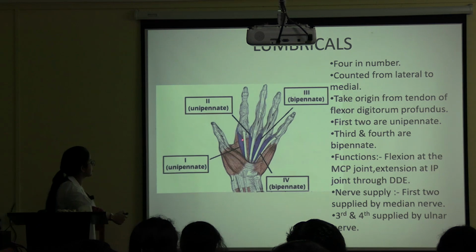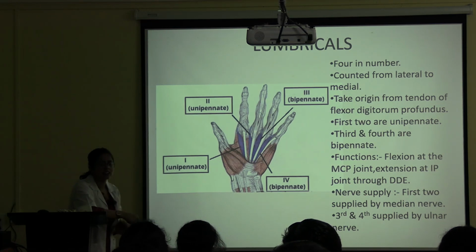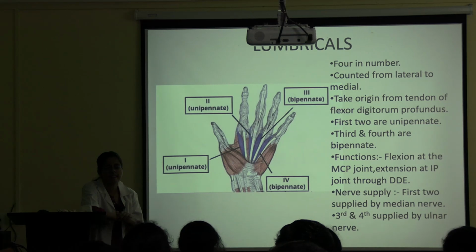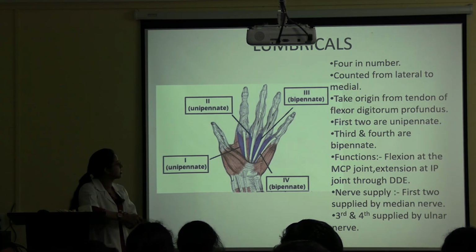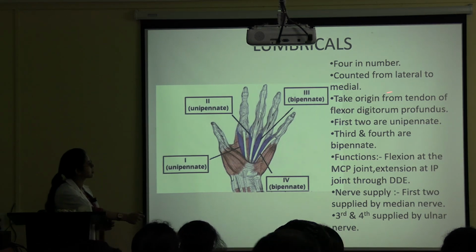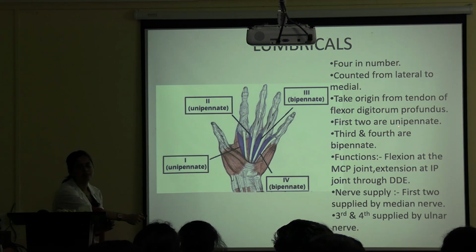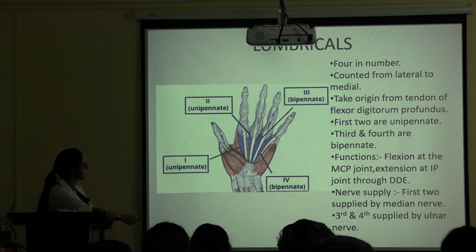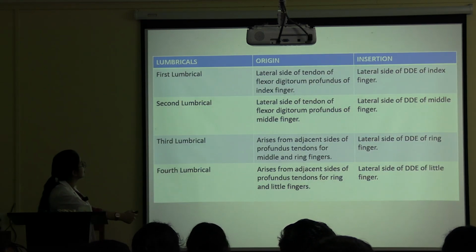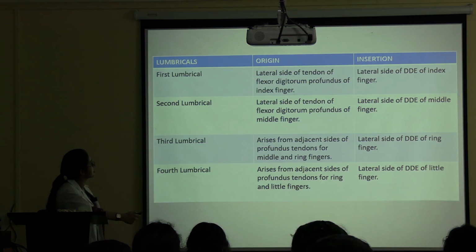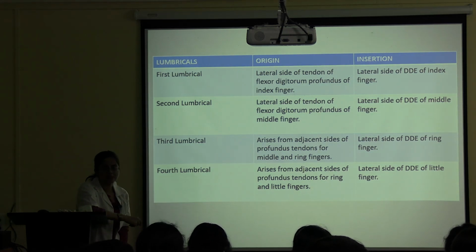So this is the lateral side of the index finger. It takes origin from the tendon of flexor digitorum profundus, the lateral side of the tendon of flexor digitorum profundus of the index finger.